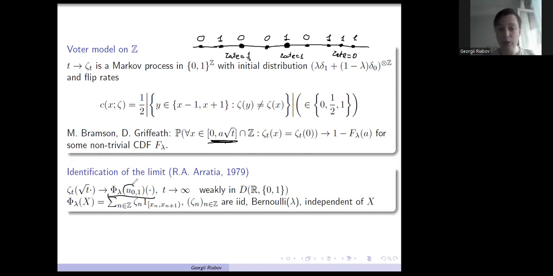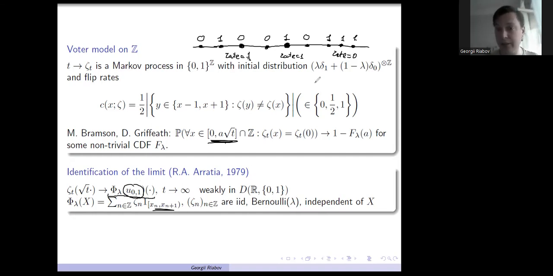We take one mapping from the Arratia flow, so this is like a point process defined by the Arratia flow, and on each interval of a partition defined by this random mapping, we put 1 or 0 independently according to the Bernoulli distribution with the parameter lambda.